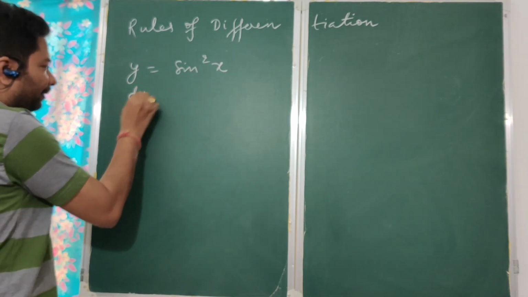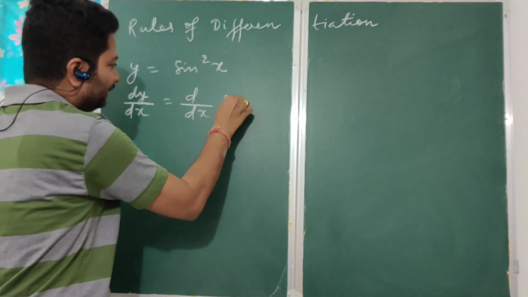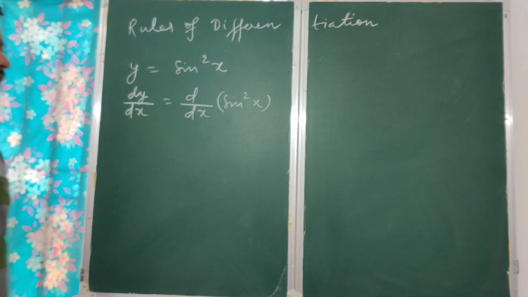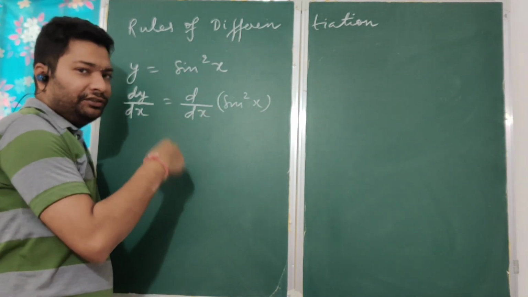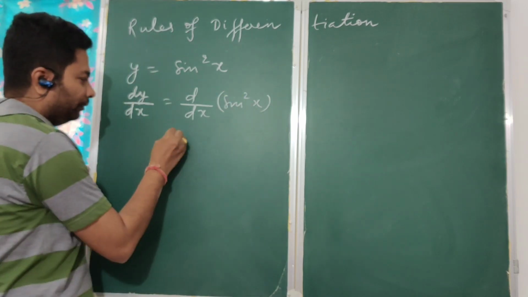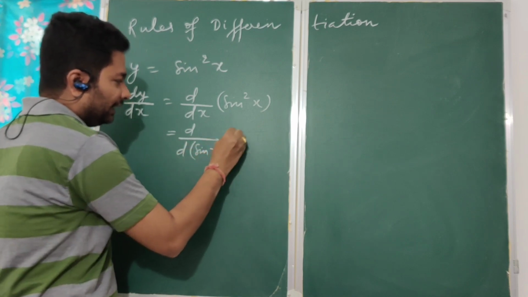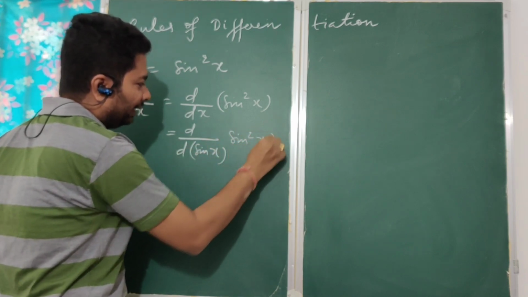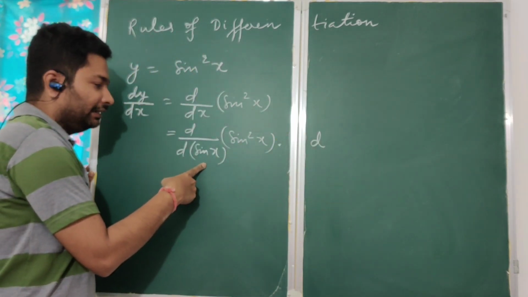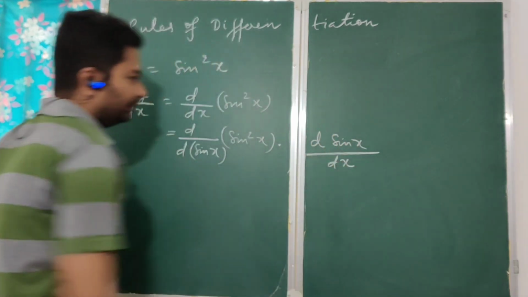If you are finding dy by dx, this is d by dx of sine square x. Correct? You know the standard form is with respect to sine x, not with respect to sine square x. So we try to bring here one sine x, and then you have sine square x into, what have I brought in the denominator, sine x. So d of sine x by dx.